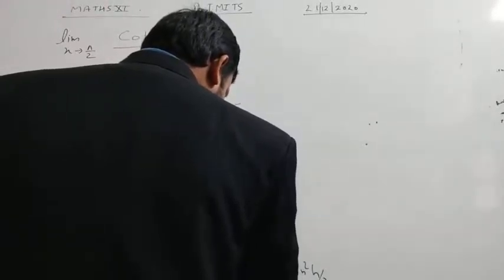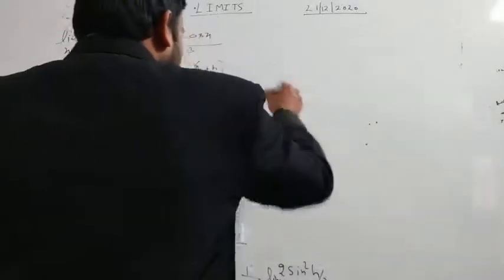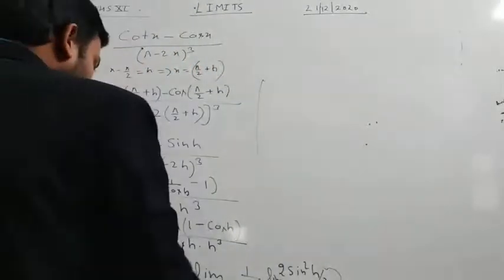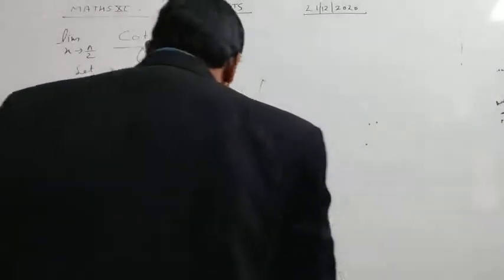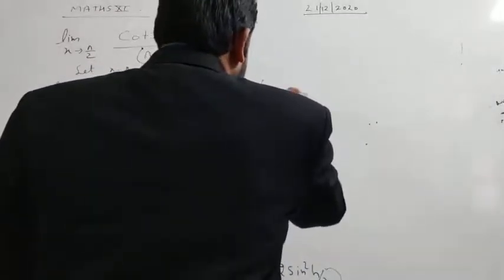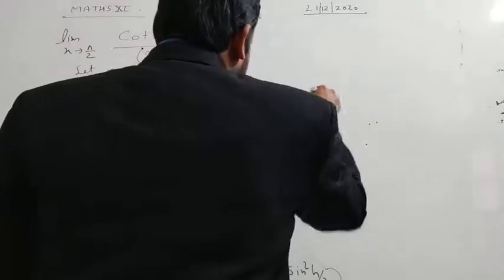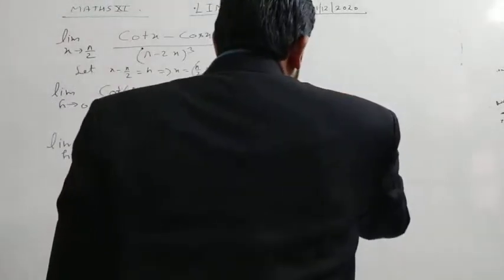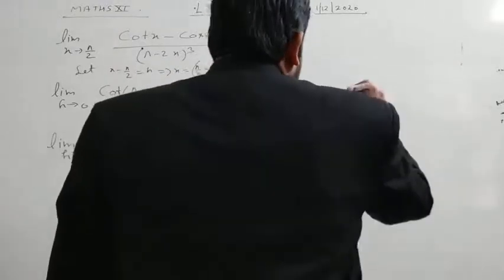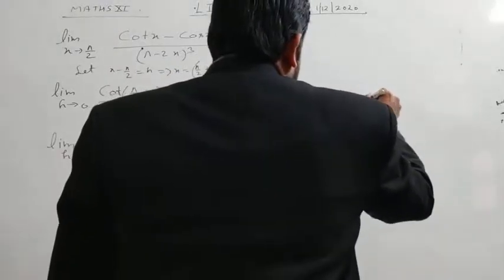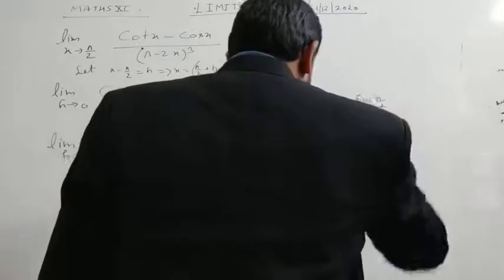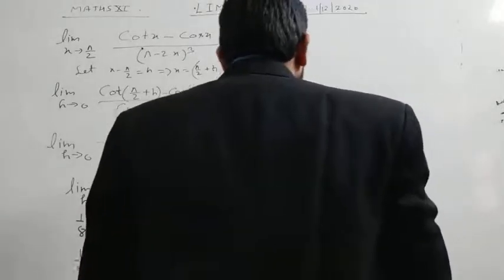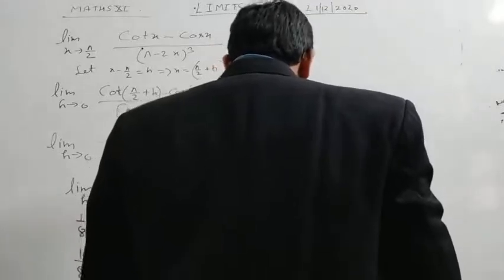Now this term will be 1, this term will be 1 because cos 0 is 1. So 1 by 8 into 1 into 1, limit h tends to 0, sin square h by 2 by h.